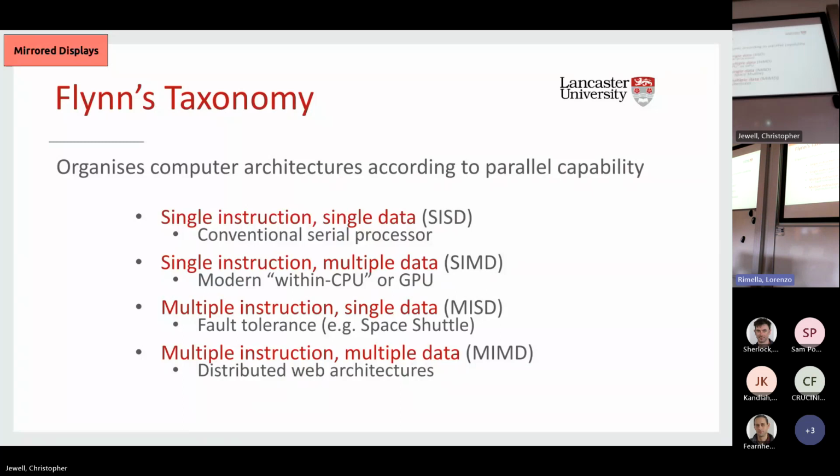When I started computing back in 1986 or so, I had a single instruction, single data 6502 processor in my BBC Model B microcomputer. It was quite easy to program. You could program it in hex machine code if you wanted to, or assembly.